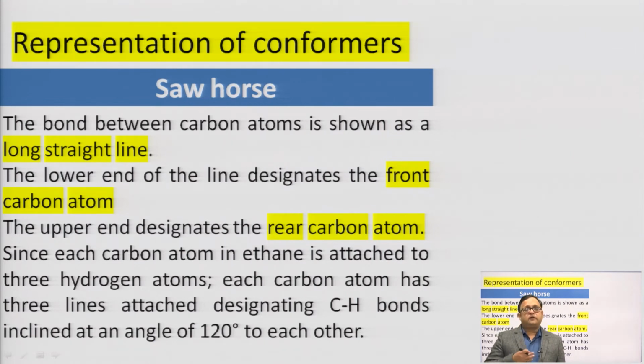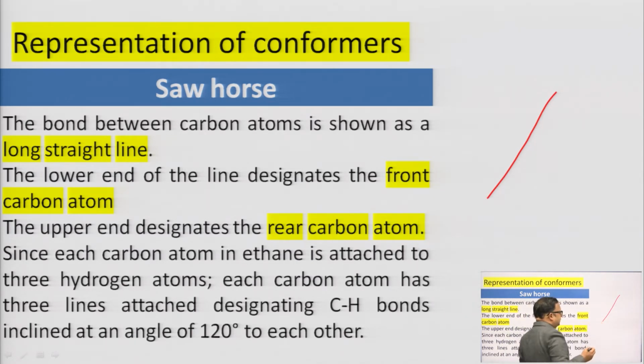Now, how are the conformers drawn? Conformers are drawn with the help of a sawhorse structure. How is a sawhorse structure drawn? It is drawn with the help of a long straight line.